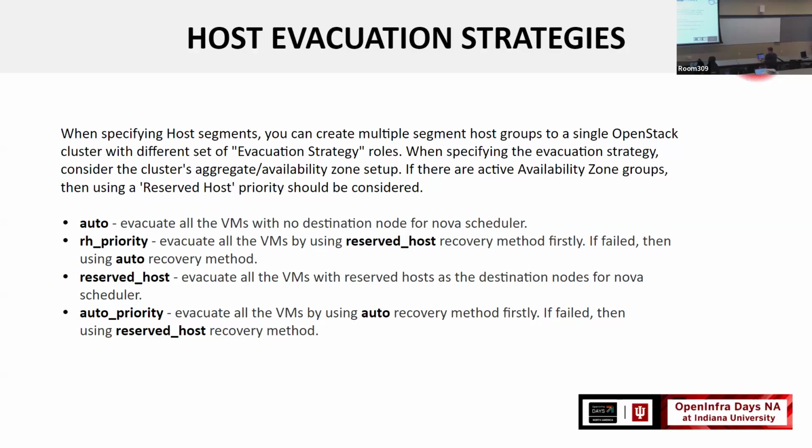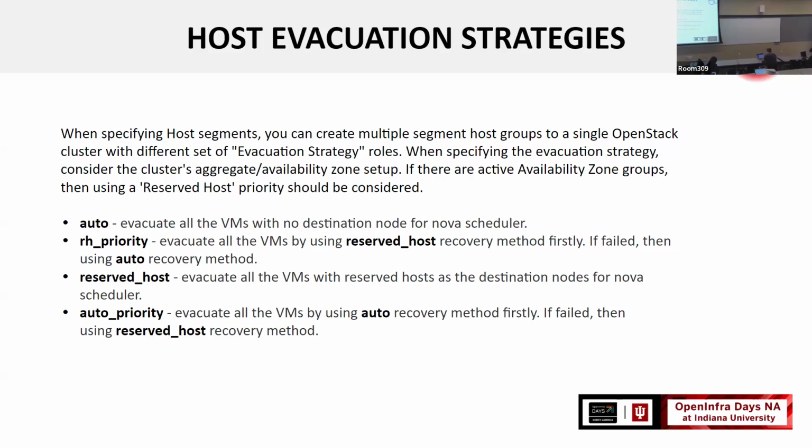You don't want your database VMs ending up migrating to those types of hypervisors. So with those evacuation strategies, you can segregate your availability zones and also use different evacuation strategies, which in that case, you wouldn't want to use a reserve host, where it will evacuate all the VMs with reserve hosts as destination nodes using the Nova scheduler.